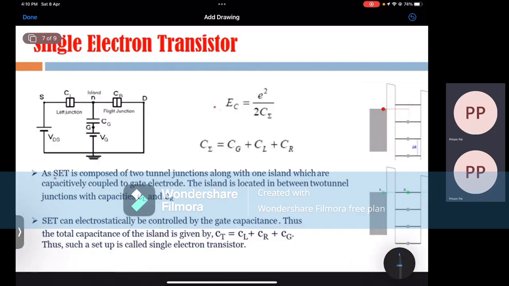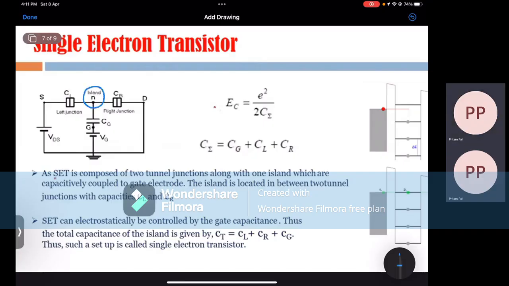So you can see here how this single electron transistor is implemented. This you have seen, this is your island, right?